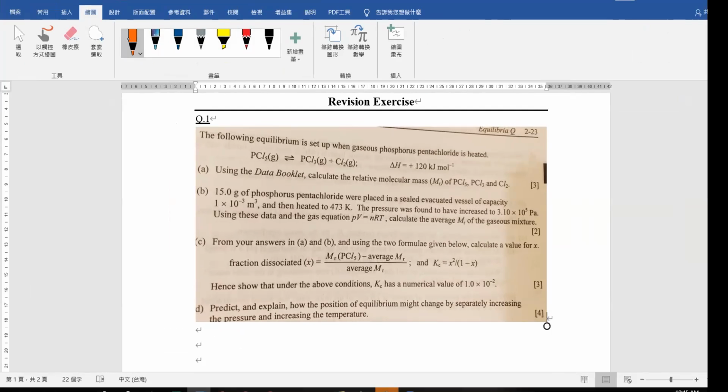Okay, so now A, using the data booklet, calculate the relative molecular mass of PCl3. So you can check out your periodic table. So it's easy, right? PCl5, the P is 31, so plus.